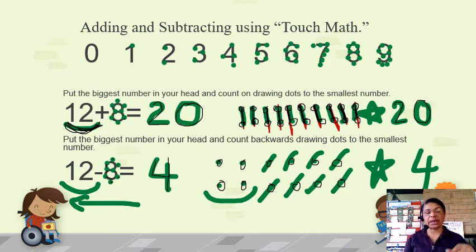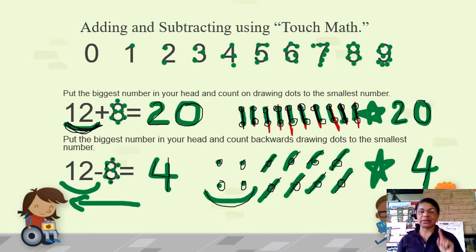Then I went and I crossed out 8. 1, 2, 3, 4, 5, 6, 7, 8, and I had 4 left. So I wrote number 4 and I gave myself a star.